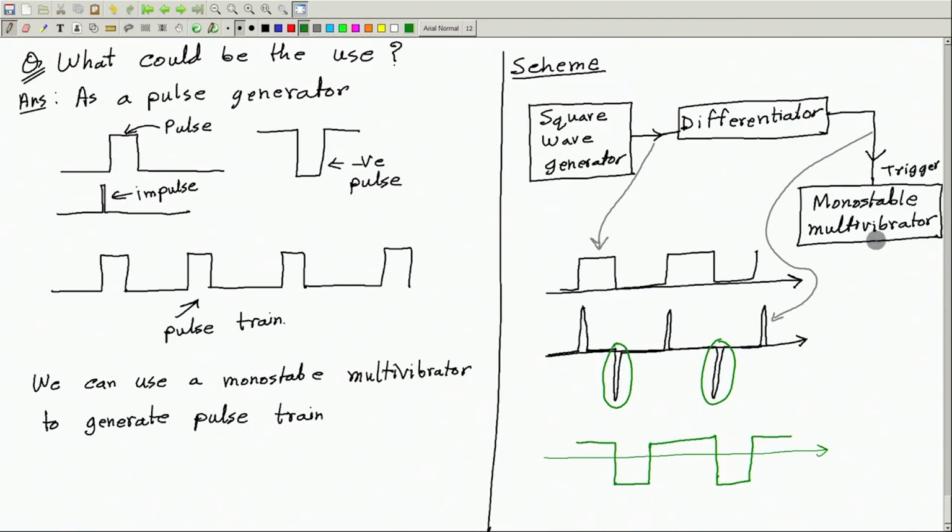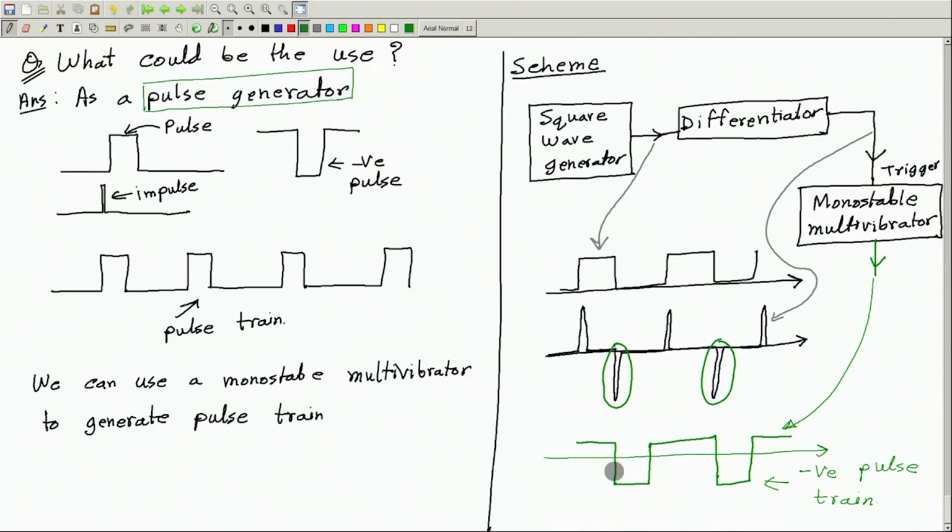This is the voltage we have at the output, a negative pulse train. This way we can make a pulse generator.